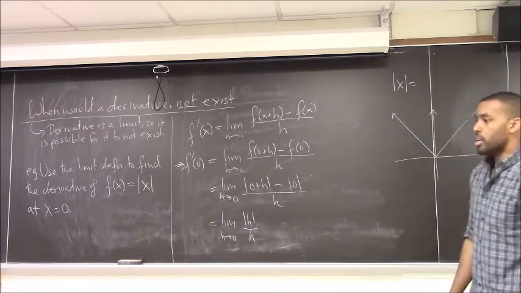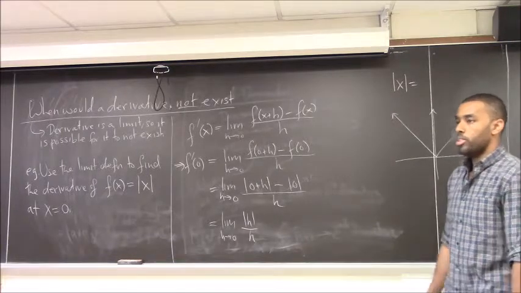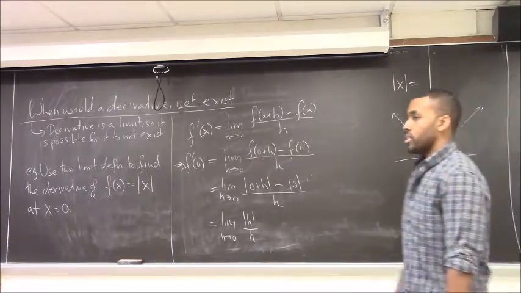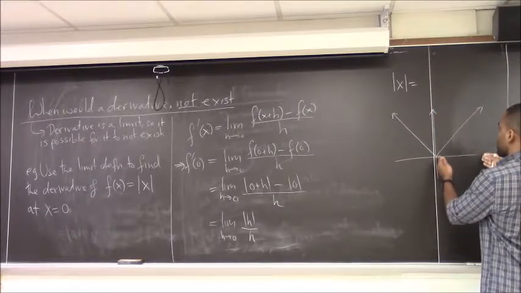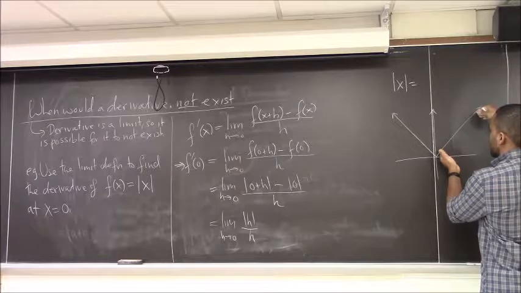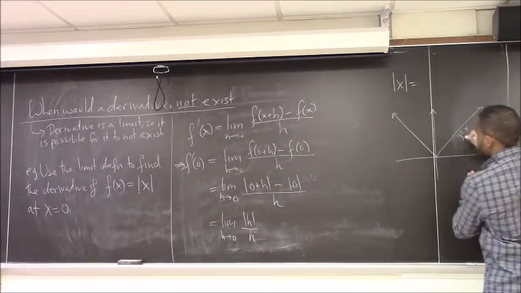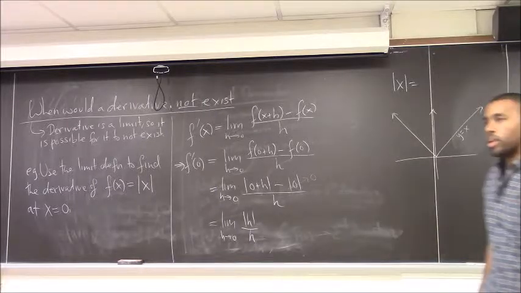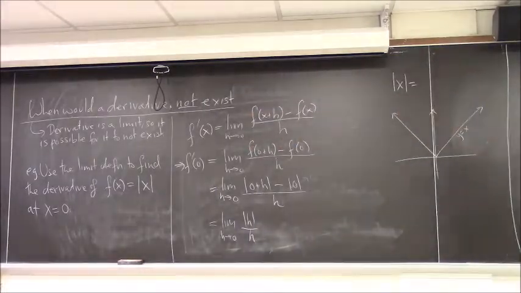What if you plug in a 2 into absolute value? You get 2. Plug in 3, you get 3. So if you plug in any positive number, you get the number itself. So what is the equation of this side? y equals x; the output is the input. However, if you plug in negative 2 into the absolute value of x, you get positive 2.